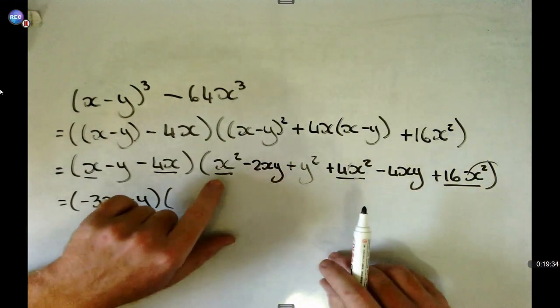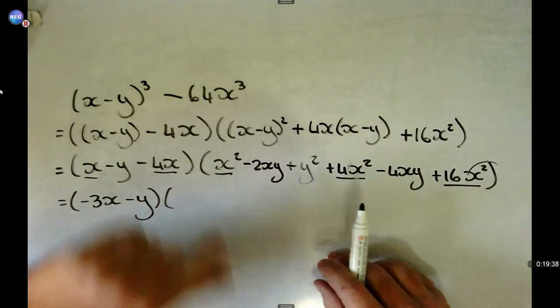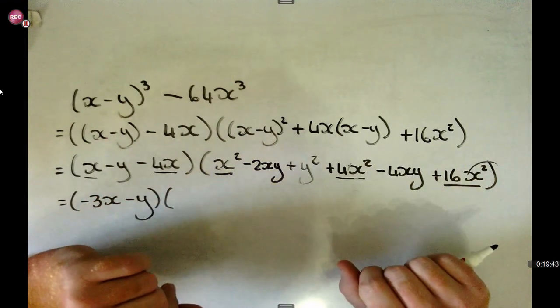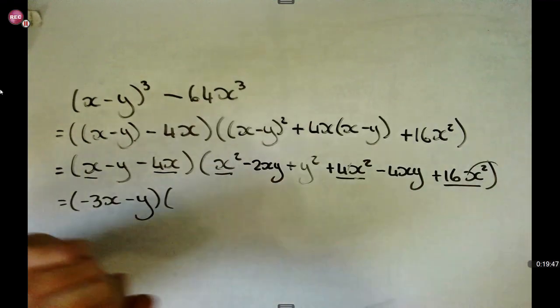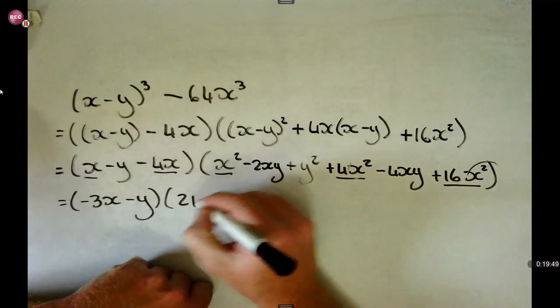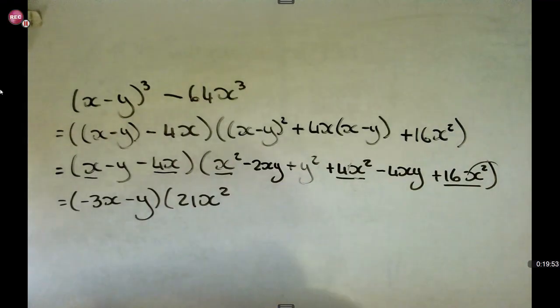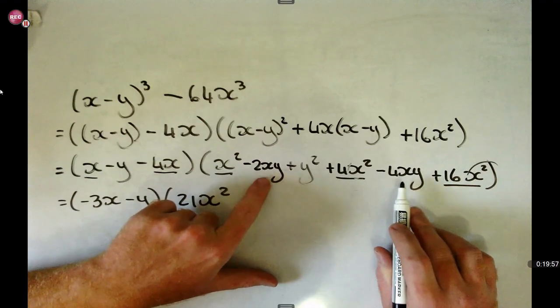Okay? So now you'll say x squared plus 4x squared will give me 5x squared, and if you add the 16x squared, it should give you 21x squared with regards to that. Then these two should come in the second term.